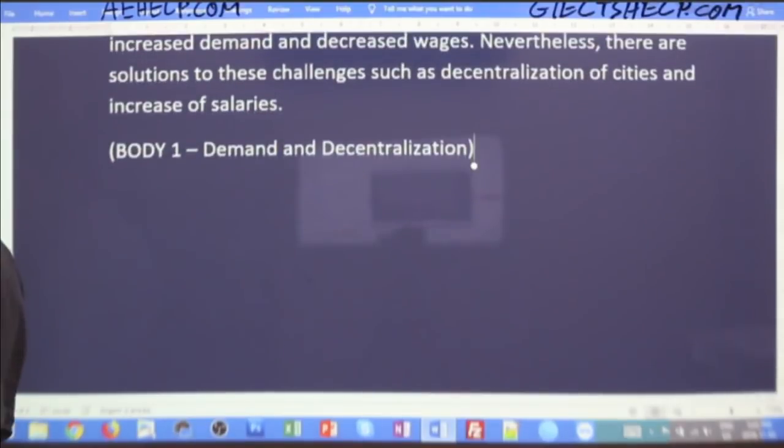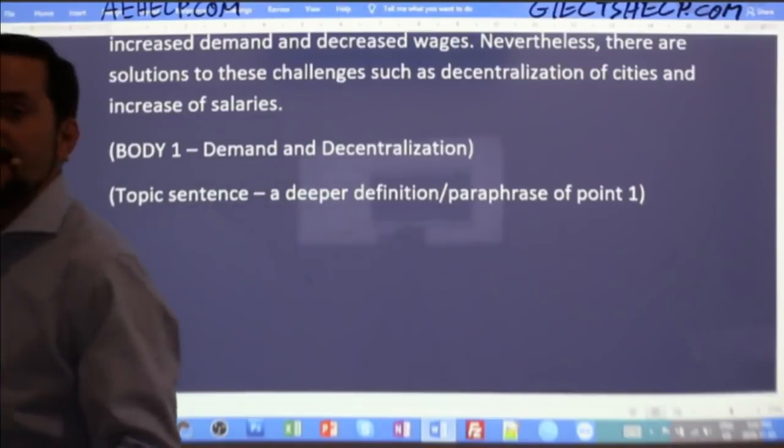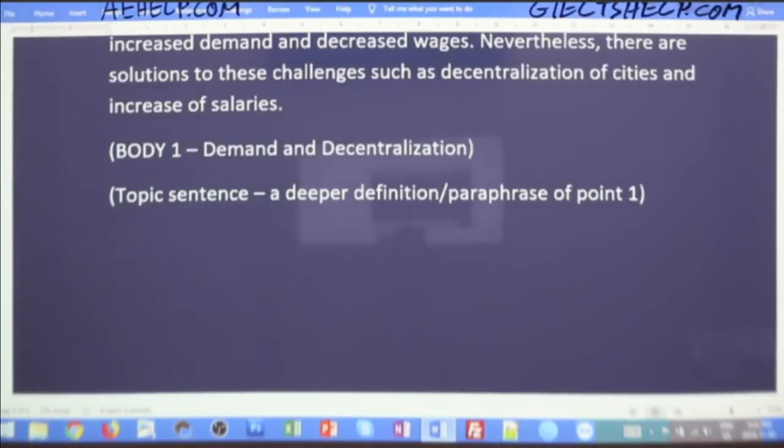And a body paragraph should always start with a topic sentence. The topic sentence is simply a deeper definition or paraphrase of point 1. Okay, so that's all that you need to do. Okay, so write a deeper definition of point 1.